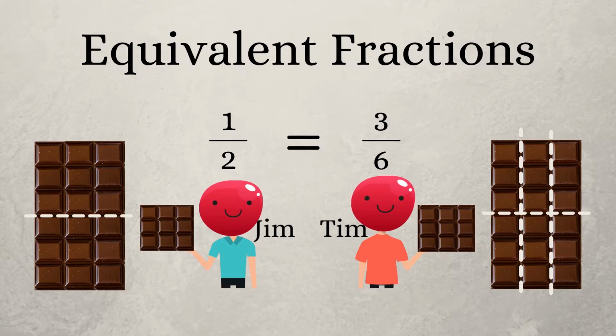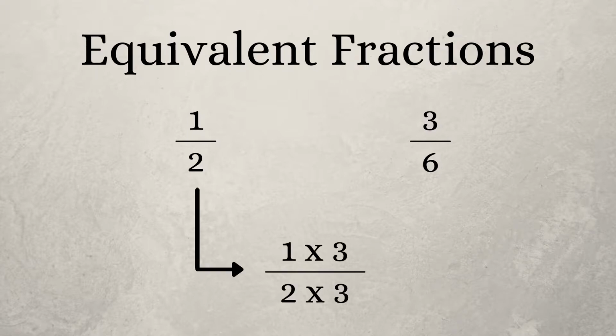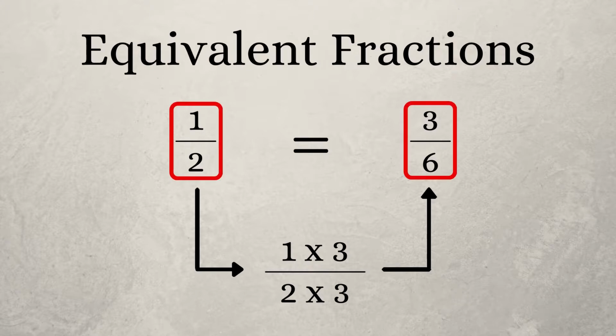And when we check this in terms of fractions, the numerator and denominator, if they are multiplied by the same amount, in this case 3, we get fractions that are equal, and these fractions are called equivalent fractions.